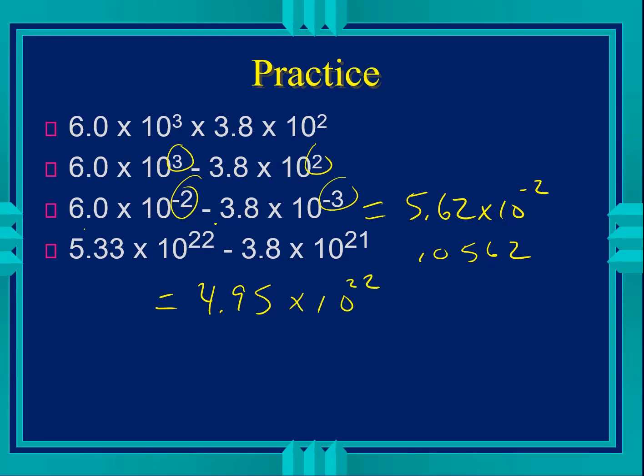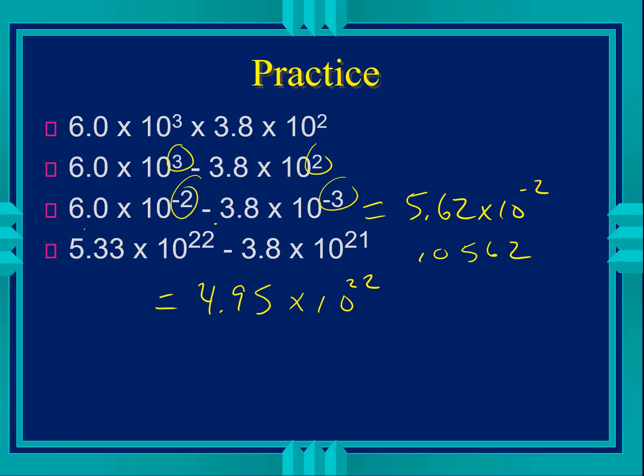Could you imagine doing this longhand? And trying to make sure the zeros lined up? You'd rather do this with scientific notation, right? Imagine typing it in your calculator in longhand. How many zeros was that? Right, you get lost along the way.